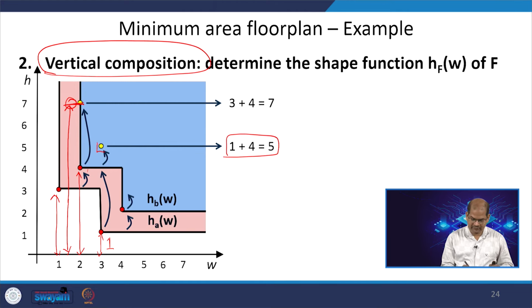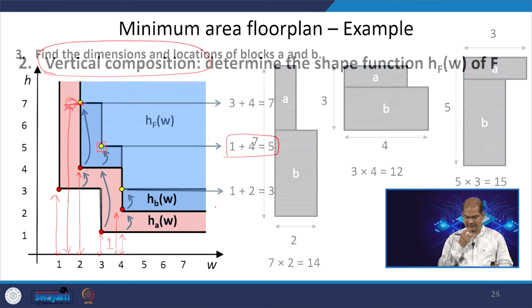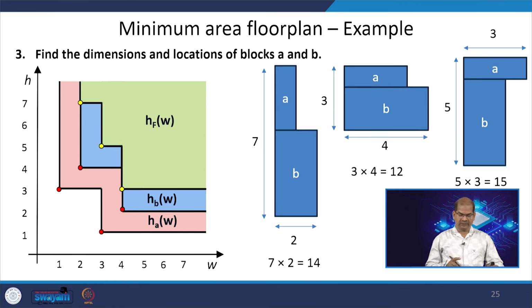So this is a possible solution. Now this height is 1 for block A, and the height of B is basically 2, so 1 plus 2 is basically 3. So I have 3 different floor plans for blocks A and B.